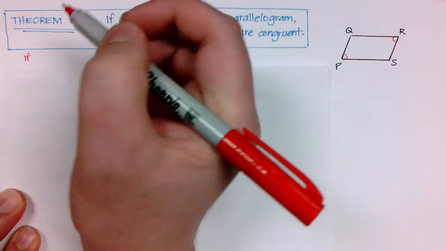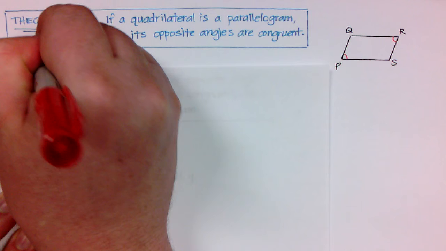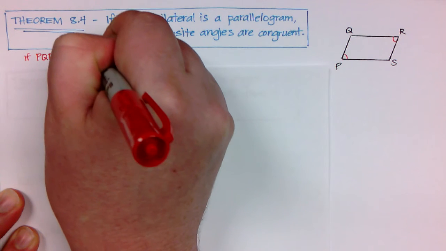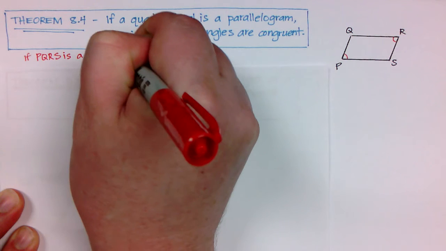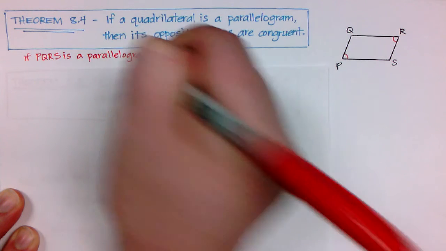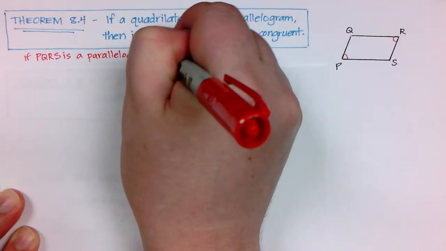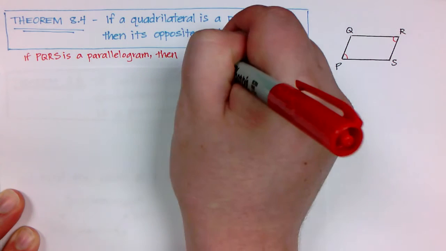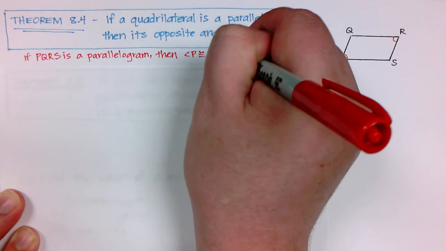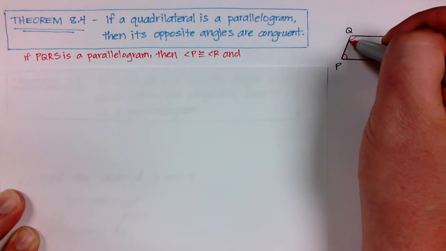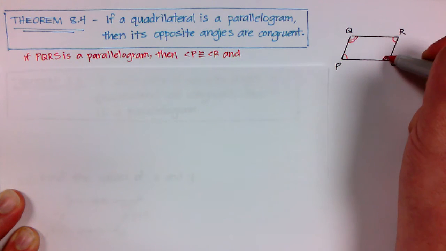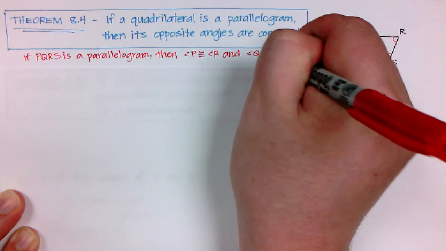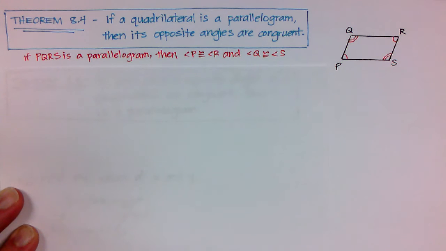If PQRS is a parallelogram, then I can assume that angle P is congruent to angle R, and also the other opposite angles, Q and S, are also congruent. Angle Q is congruent to angle S.